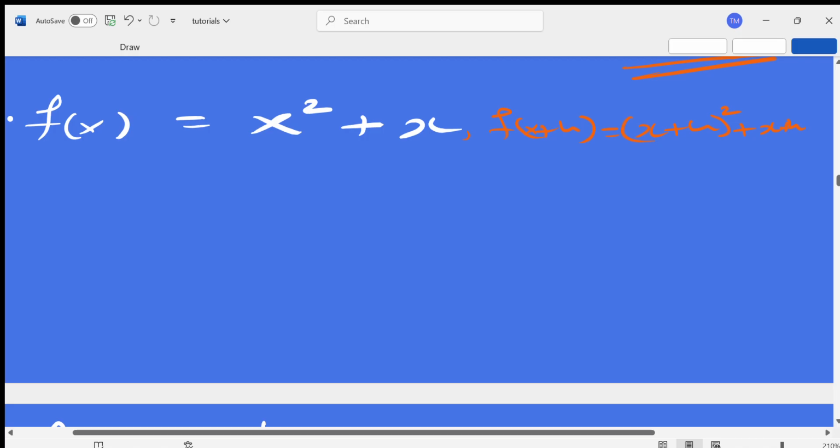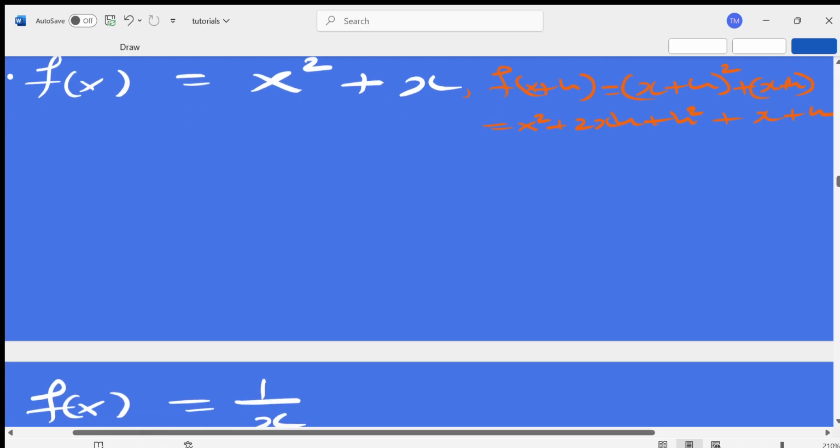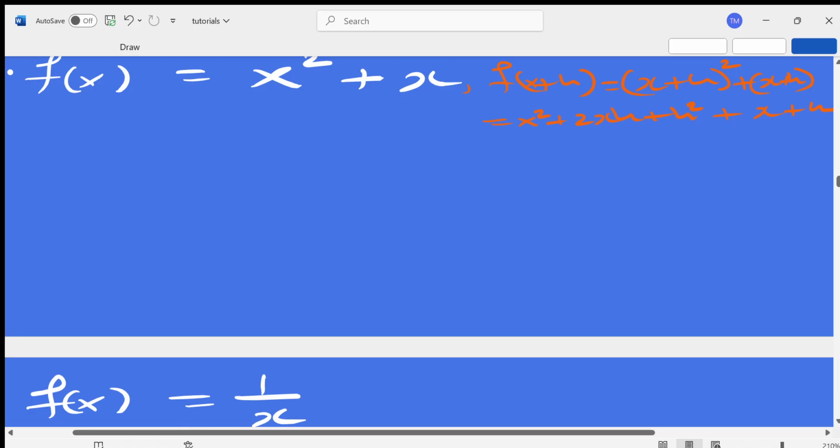Each x has to have its h, and then you're going to expand. After expanding, you're going to have x squared plus 2xh plus h squared from the first one. Then the second one is just x plus h. I hope you're good on that one. After that, you do the limit process, then simple arithmetic, cancel out, then plug in at the end of the day.